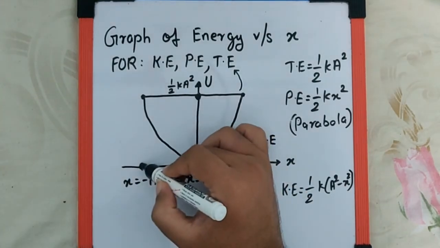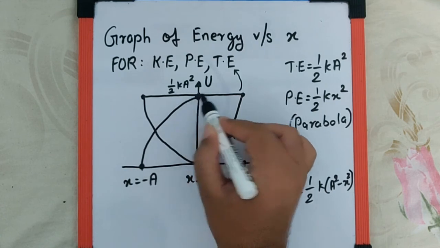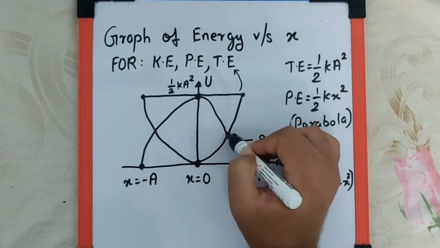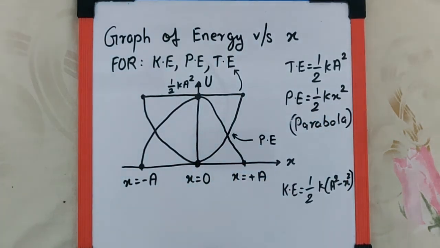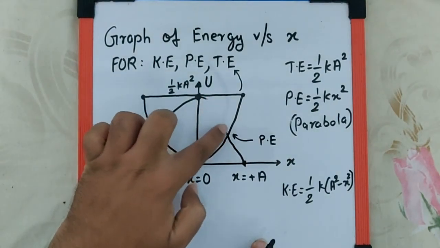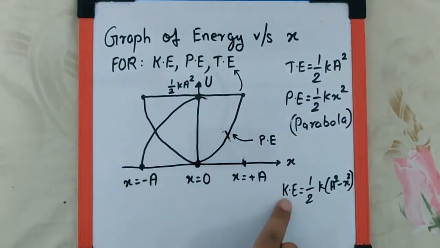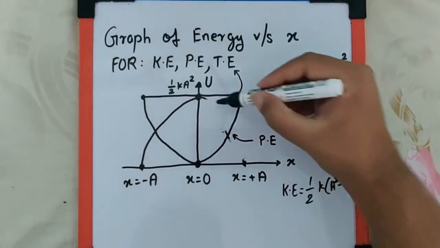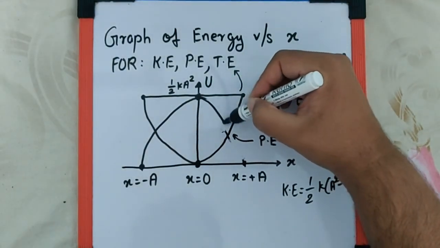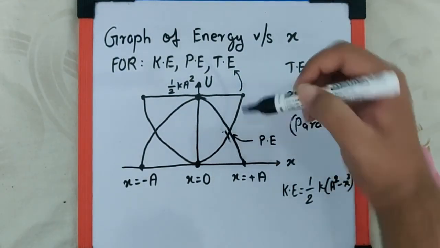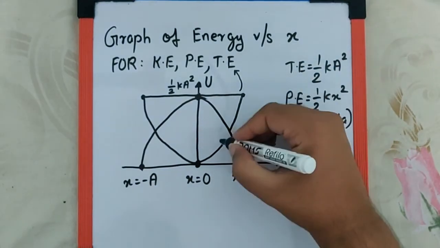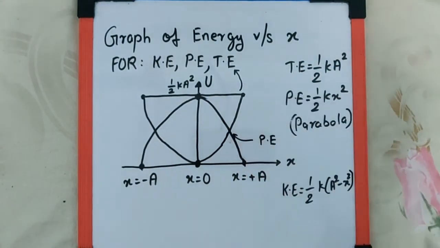And so the graph will be something like this, again a parabola. Now why is it a parabola? As you can see from the equation, kinetic energy is also dependent on the second power of x, which means the graph has to be parabolic. So this is how the graph would look.